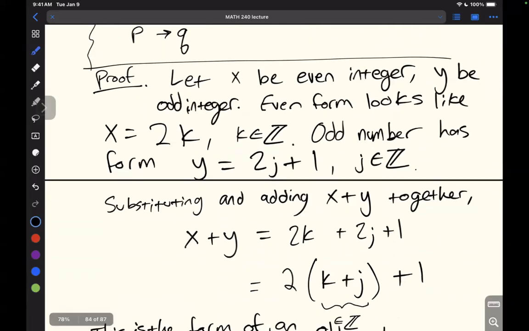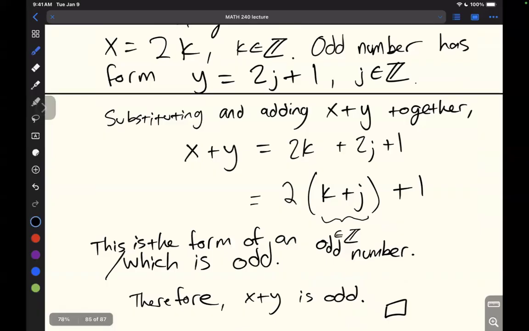These two sentences are stating, this is what we know. Then we say, okay, we've got an odd integer and an even integer, let's add them together. So X plus Y is equal to 2K plus 2J plus 1. We're just adding the form of an even number and the form of an odd number together.